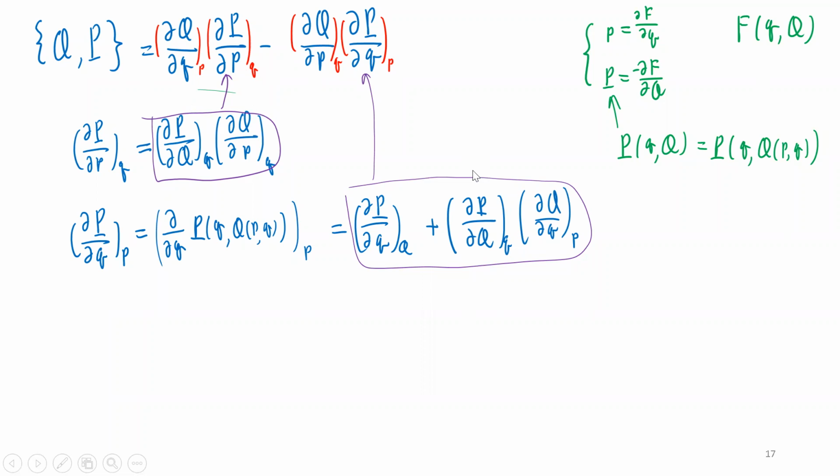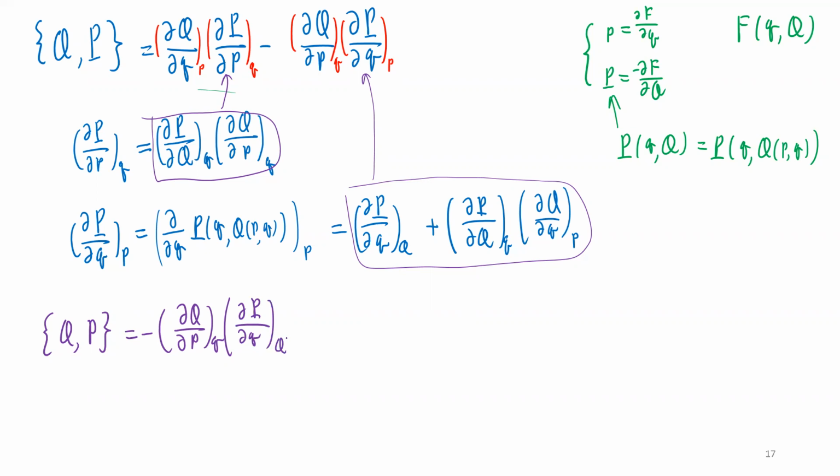You substitute this back here, and then you can see that the Poisson bracket is just this. I have 3 terms, but 2 terms will cancel each other. So only 1 term survives, this term.